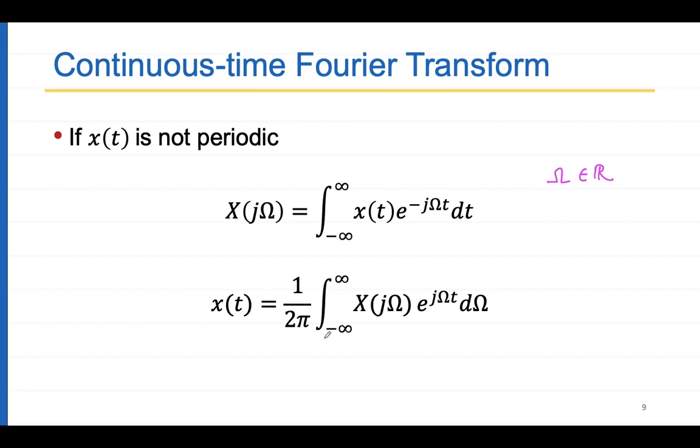This is called the Fourier transform. So your x(t) can be transformed into X(j omega).